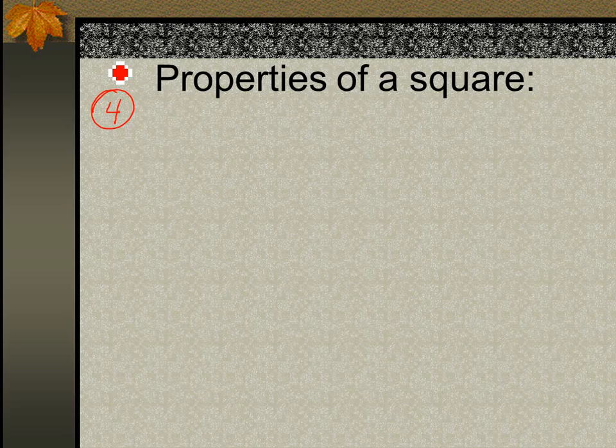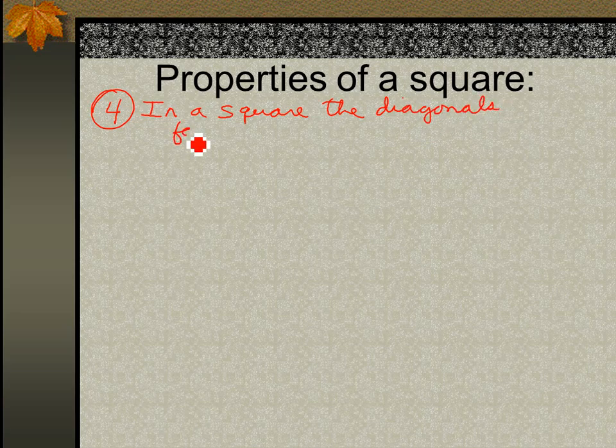So just to at least give it one property, in a square, the diagonals form 45, 45, 90 triangles. So write that down.